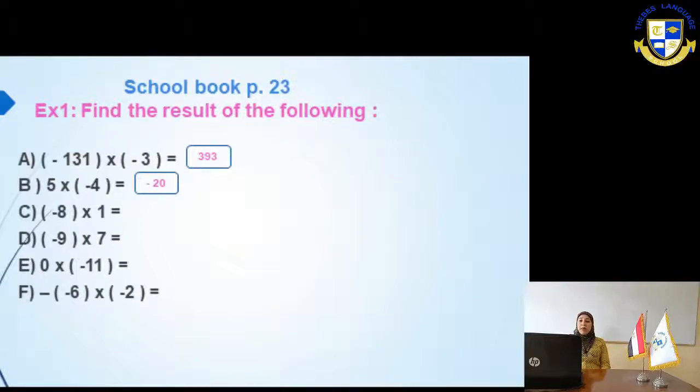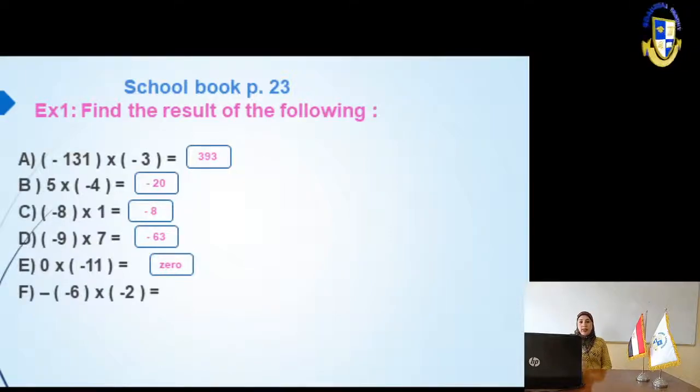Negative 8 multiplied by 1 equals negative 8. Negative 9 multiplied by positive 7 is negative 63. 0 multiplied by any integer will stay 0. The answer must be 0. Okay, take care here. Negative 1 multiplied by negative 6, after that I multiply the result by negative 2.